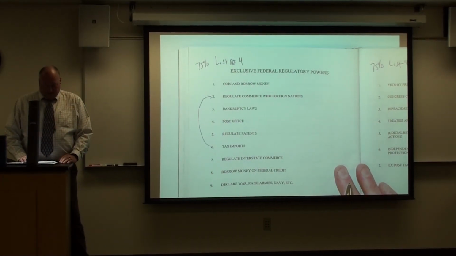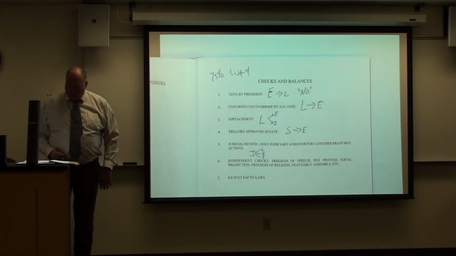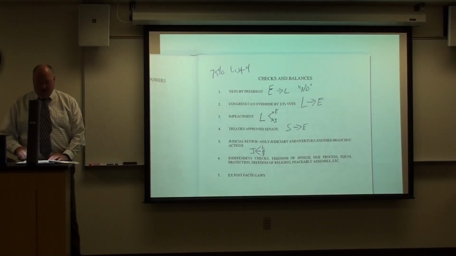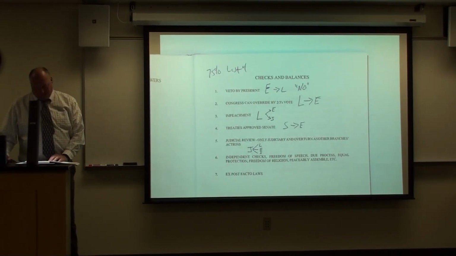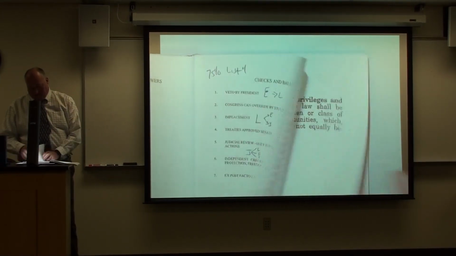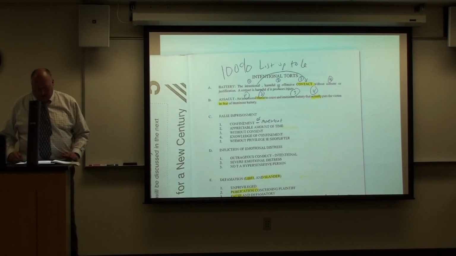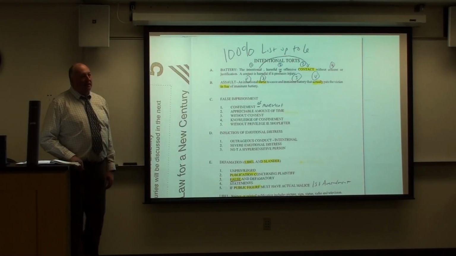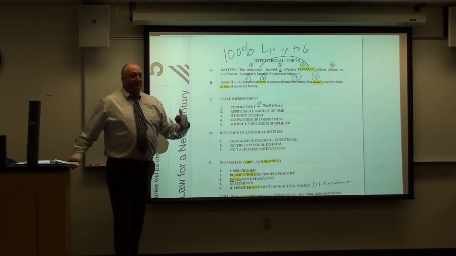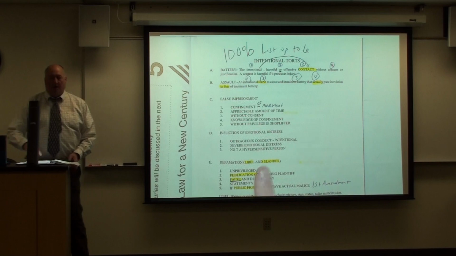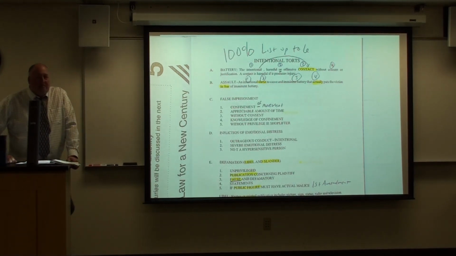Possible, not every time do I ask that. Page 44, what are 4 types of checks and balances? So anything on that page? Page 56, 100%, again, list up to 6 types of intentional torts. So anything on these 2 page 56 and 57, there are 17 of them to choose from.